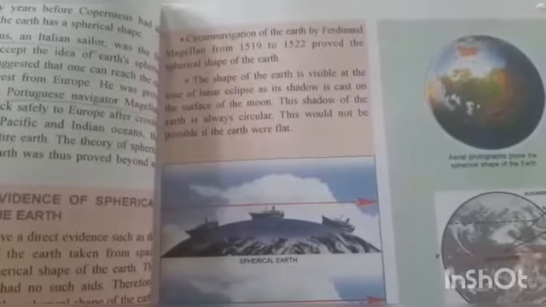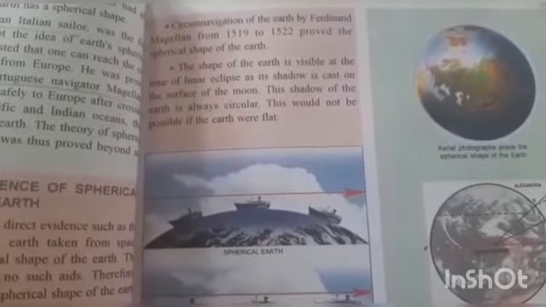In 1519 he started from a point, and in 1522, when he came to the end of his exploration, he came back to the same point. So that proved that the shape of the earth is spherical.